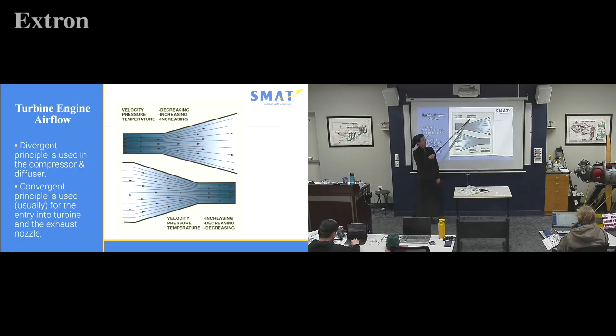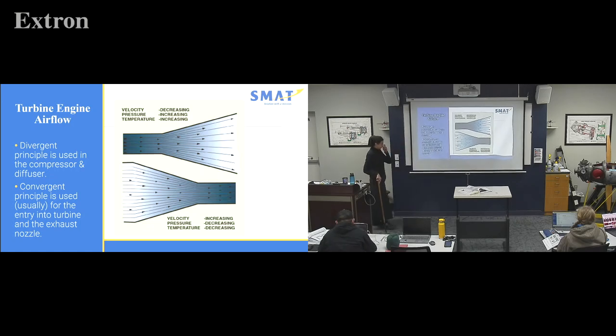And temperature is increasing, because pressure is increasing. Remember that. And on the opposite here, pressure decreasing, velocity increasing, temperature is also decreasing. So this is used in a compressor, in a diffuser, and exhaust nozzles, using that exchange to our advantage.